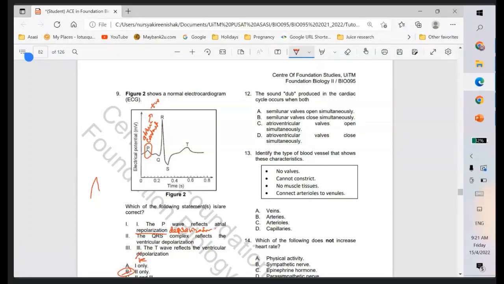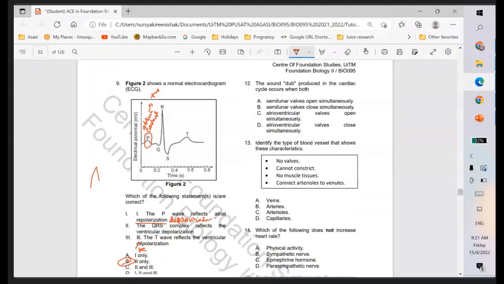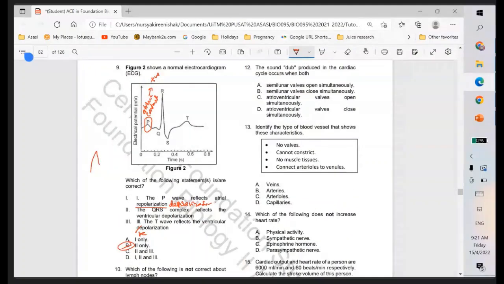Kalau repolarization, it is relaxed. There's no impulse. Faham. And then the QRS complex reflects the ventricular depolarization. Betul lah, ventricular contract. So this is the stage where ventricle contracts, so has to be depolarized to generate the impulse.